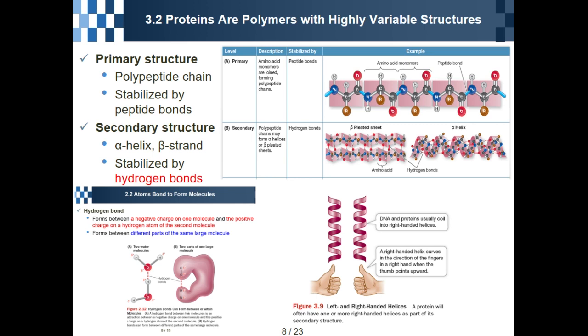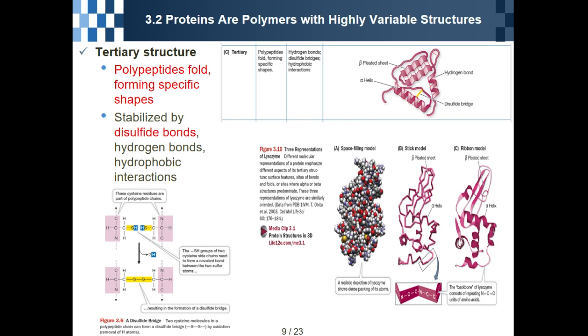But we have to know that the alpha helix and beta strand are stabilized by hydrogen bonds. So in the homework, there is a question asking about hydrogen bonding. You have to know the hydrogen bonding.